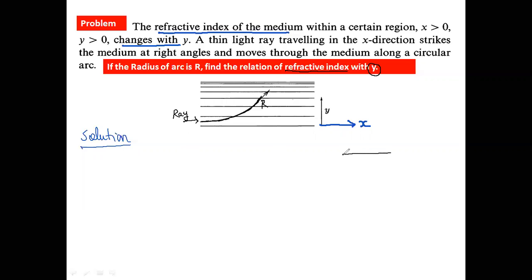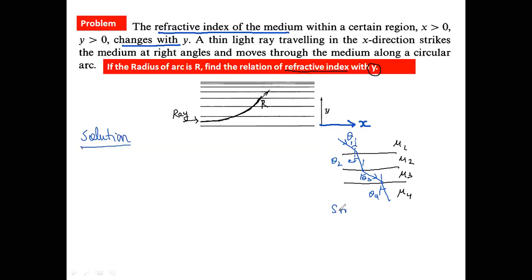When a light ray is refracted by multiple parallel surfaces, let's say with refractive indices mu1, mu2, mu3, mu4, and a ray strikes the first surface, then it refracts again and again, and the angles made by the ray with the normal are theta 1, theta 2, theta 3, and finally theta 4.